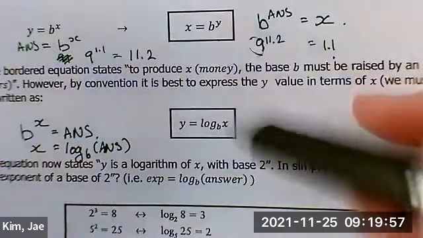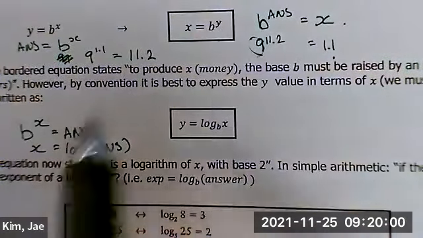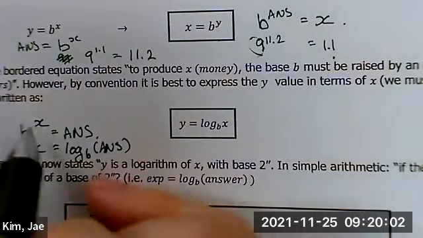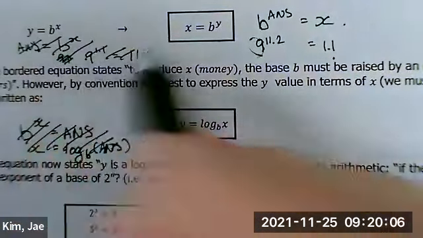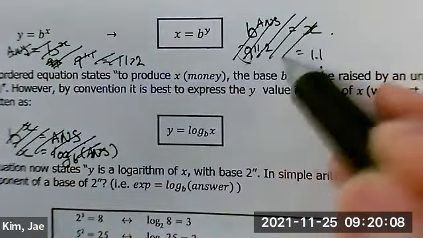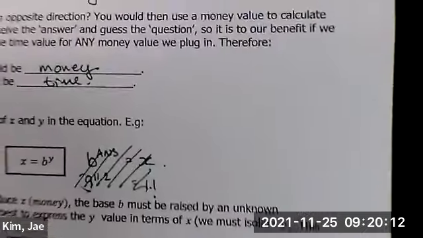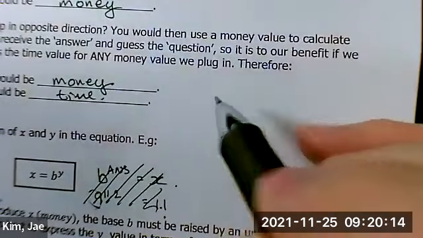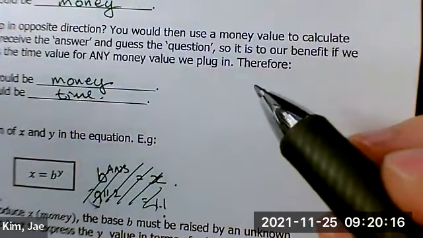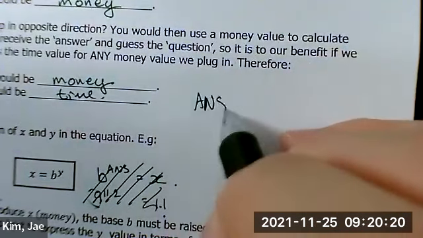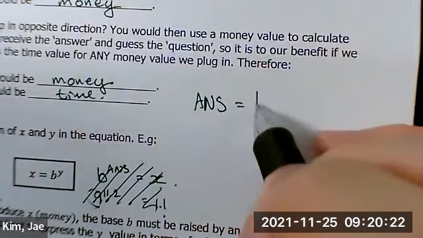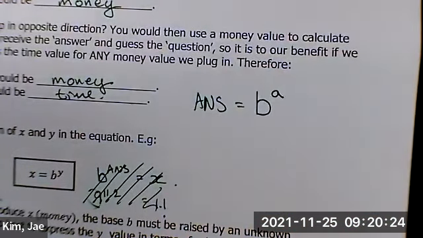Now I know this is a little bit confusing. I should probably clarify. Let me write it on this little spot here. Instead of x, y, and z, let's pretend we have the answer from b to the power of a.